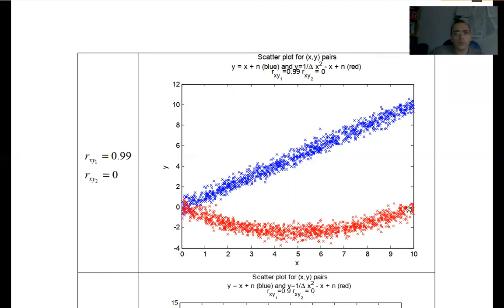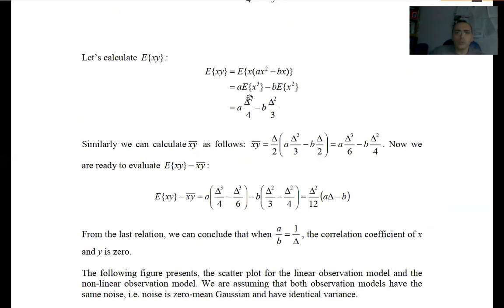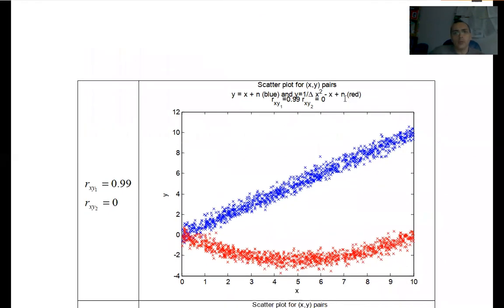This is a quadratic curve. There is an identical amount of deviation in the linear case and in the quadratic case, but unfortunately, as we have seen, even without the noise, the covariance of x and y is equal to 0. Since n is also independent from x, this noise is also not helping to increase the covariance.